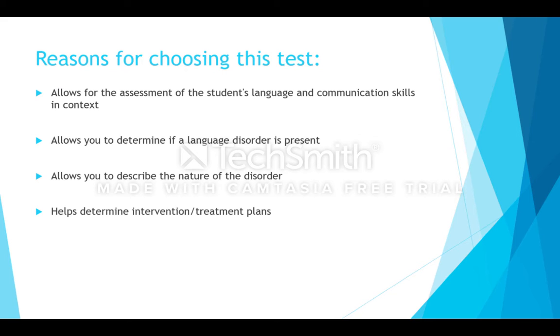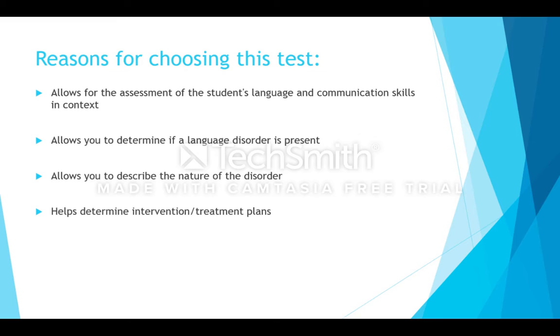So the reasons for choosing this test. It allows for the assessment of the student's language and communication skills in context. It allows you to determine if a language disorder is present. It also allows you to describe the nature of the disorder, and it helps determine intervention treatment plans.